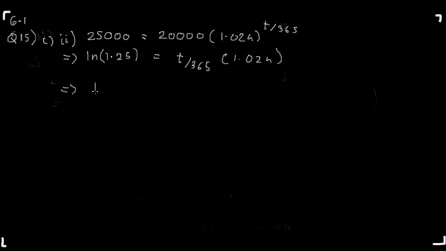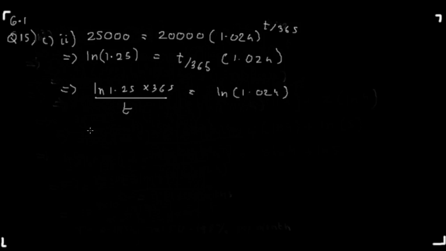Okay, so ln. You're going to find the reciprocal of this and multiply, just like we did before. So with 1.25, we can just do 365 here and then find t. T is equal to ln of 1.024.